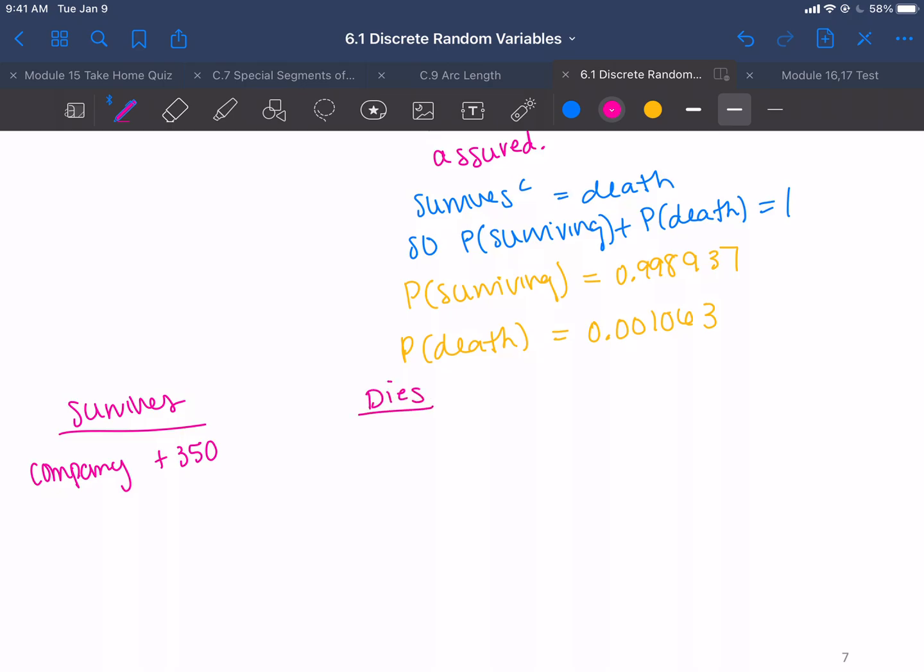If there's a death or the male dies, well, the company gained $350 from the buy-in from the assured person, but then they have to pay out $250,000, which means the company ends up losing $249,650.